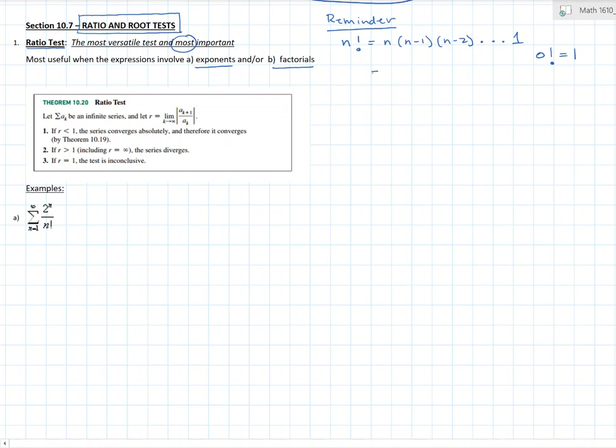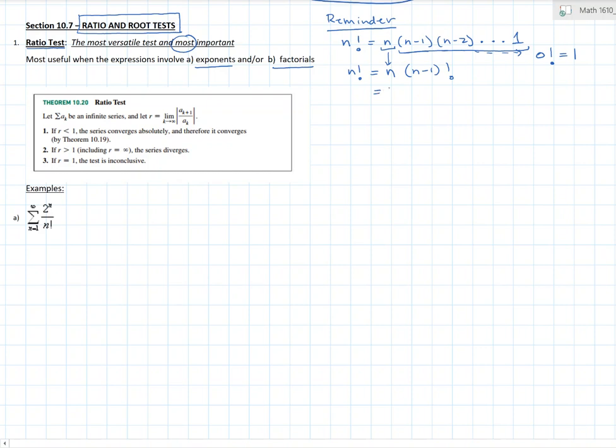So first thing to notice is that this gives us a recursive relationship. So n factorial is n times the leftover tail, which is n minus 1 factorial, because it starts at n minus 1 and goes down to 1. So this is very useful.